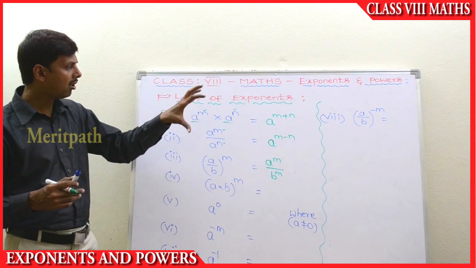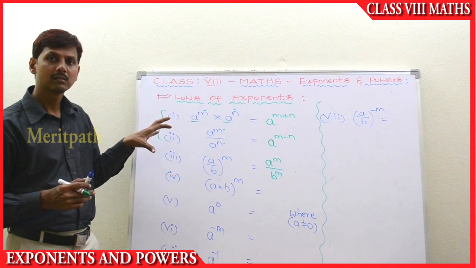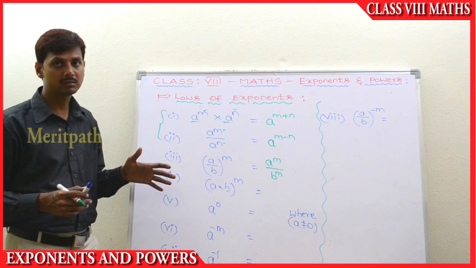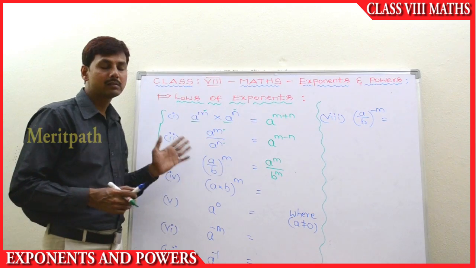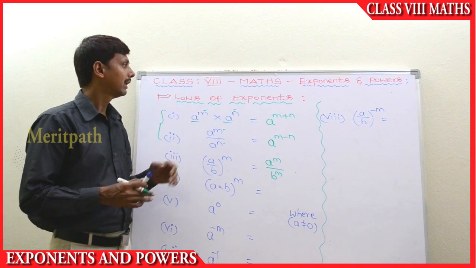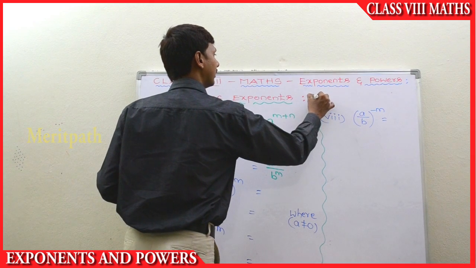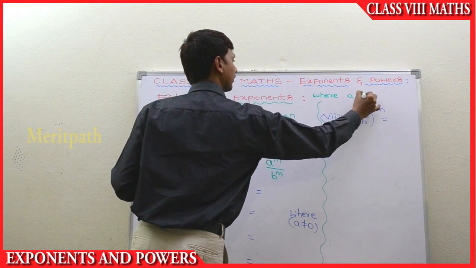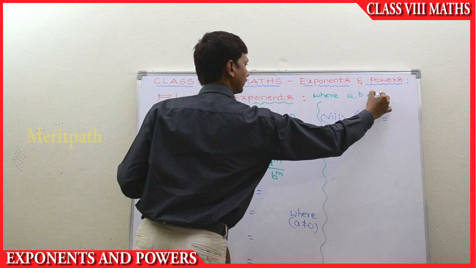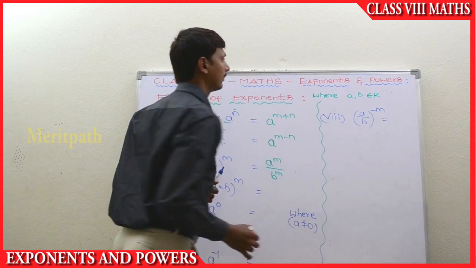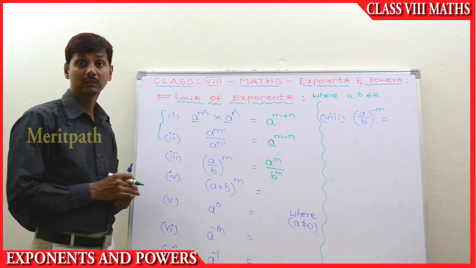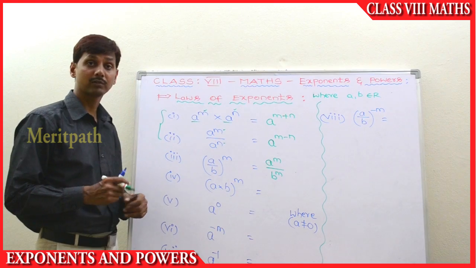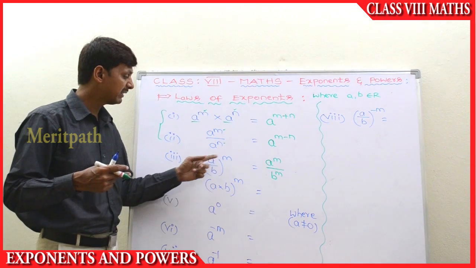For all these laws of exponents, a and b are any real numbers, it belongs to R. So (a by b) whole power n, the n applies to both.